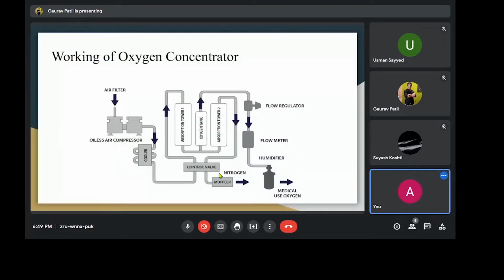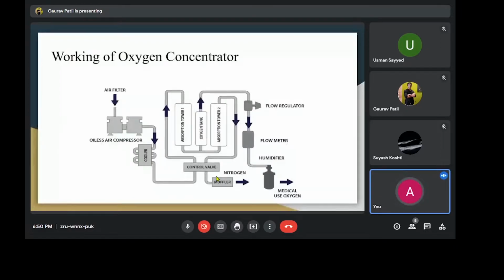After that, the cooled air is fed to the PSA column, in which the main operation of the oxygen concentrator takes place. Via a two-way solenoid valve, we feed the air coming out of the compressor to the columns. The columns are filled with zeolite molecular sieves, which are used to separate nitrogen and oxygen and filter out the oxygen.